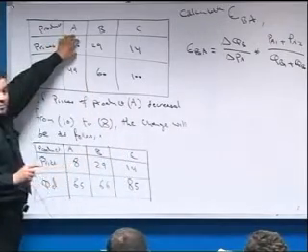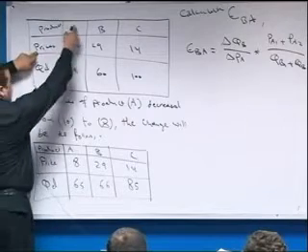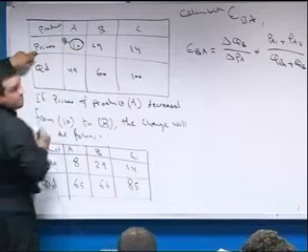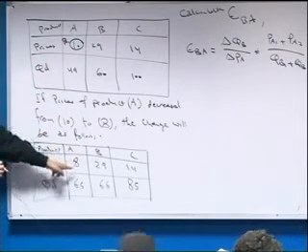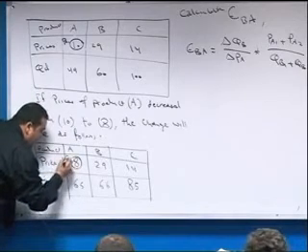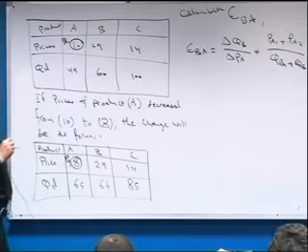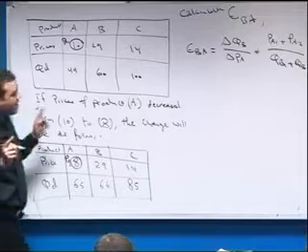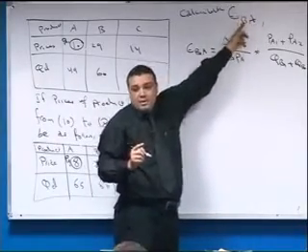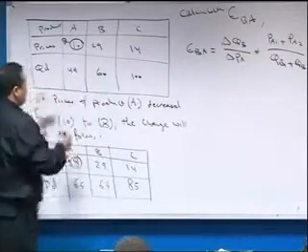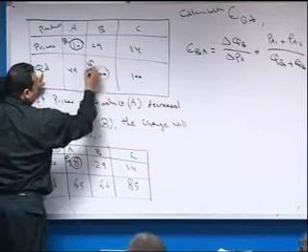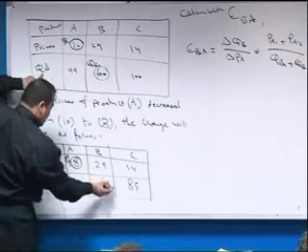This is the original price of A, PA1, and then the price declined to 8. This is PA2, right? Then we are going to calculate the relationship between the price of A and the quantity demanded of B. Where is the quantity demanded of B? 60. This is QB1, and this is QB2.